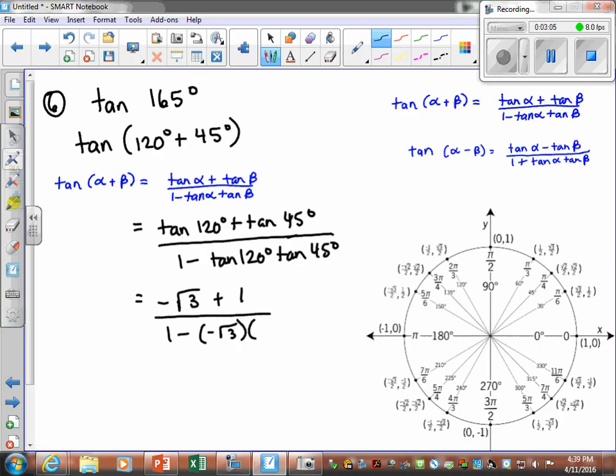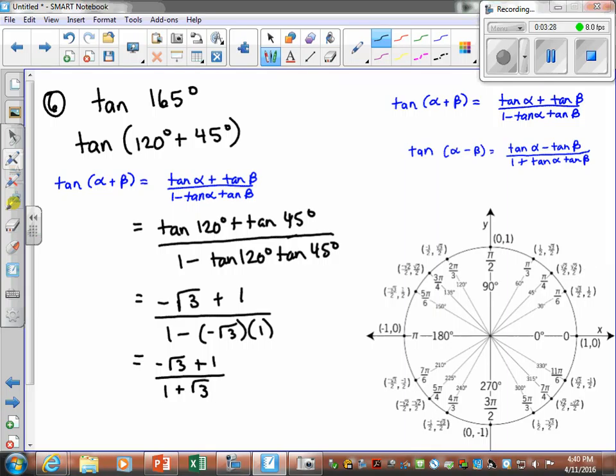We multiply that by the tangent of 45. Alright, let's just see if this simplifies. Negative square root of 3 plus 1, then in a 1 plus the square root of 3.